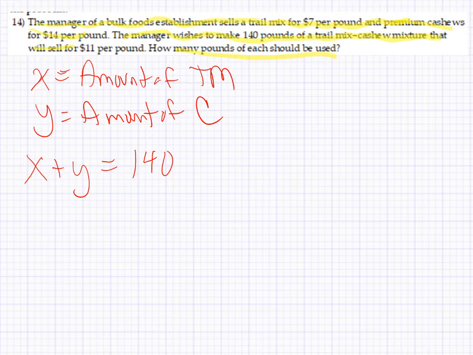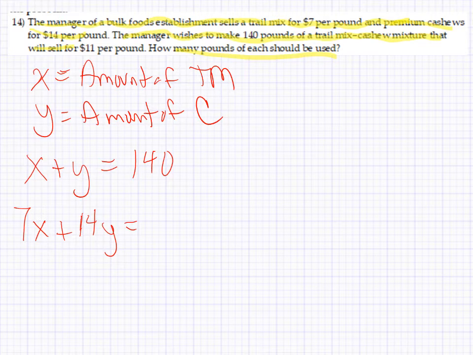Well, if we take the amount of trail mix times how much per pound, so that'd be 7 times that, plus the amount of cashews times the selling price per pound, so 14 times y, should give us the total amount of money that we would have to have in the end.